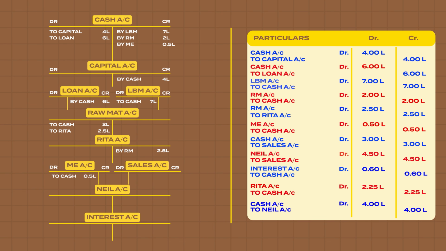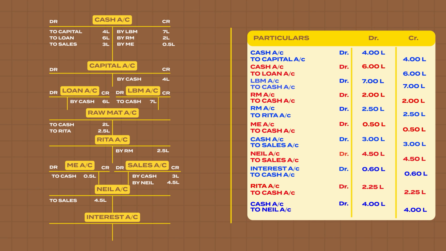Cash account on the debit side to sales, sales account on the credit side by cash. When you sold goods to Neil, the journal entry is Neil account debit to sales. So in Neil account, on the debit side, to sales 4.5. In sales account, on the credit side, by Neil 4.5.